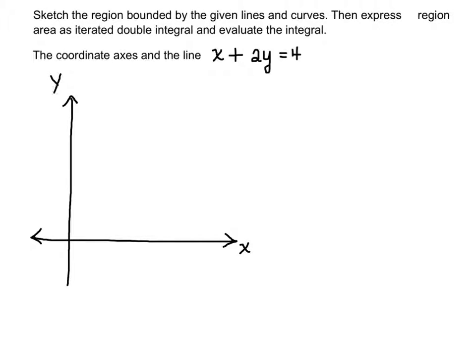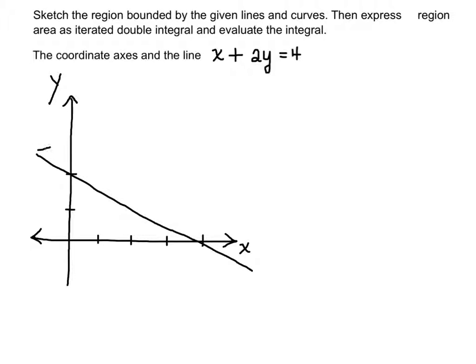And now we want to graph our line, and the intercepts for this line we can see are when x is equal to 4 and y equals 2. So 1, 2, 3, x is 4, y is 1, 2. So we're going to draw a line between these two intercepts.